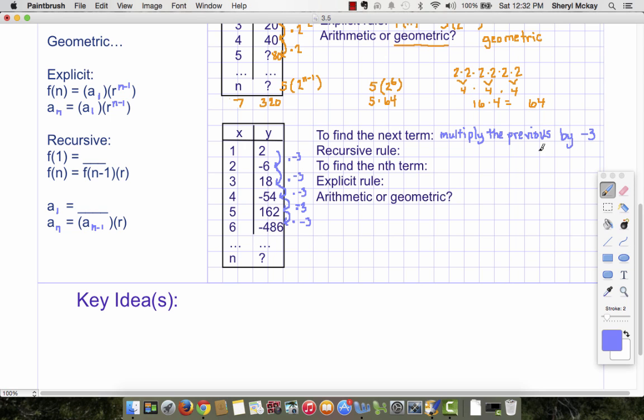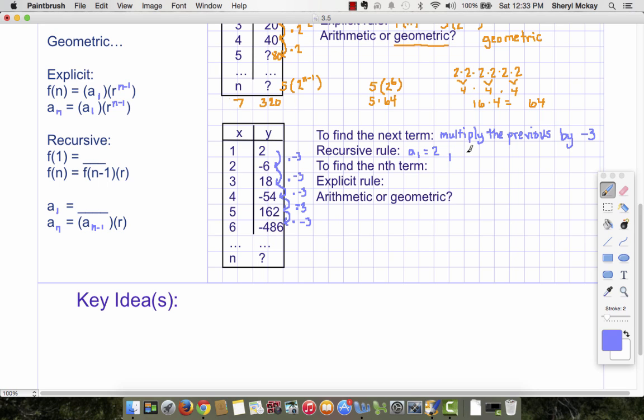So now let's write our recursive rule. And this time, we're going to use our terminology for a. So I'm going to say that a sub 1 is equal to 2. Everyone see that? A sub 1 is equal to 2.